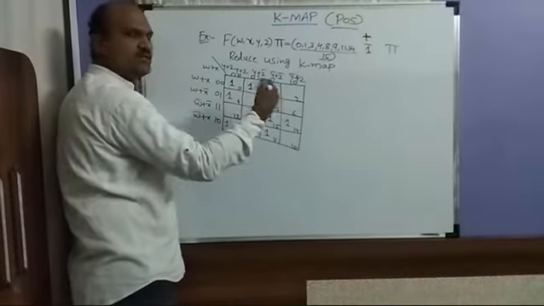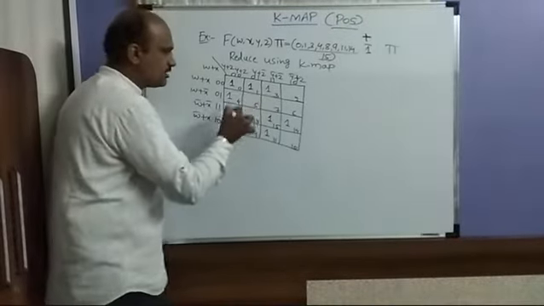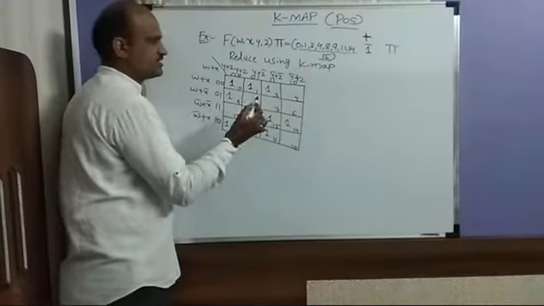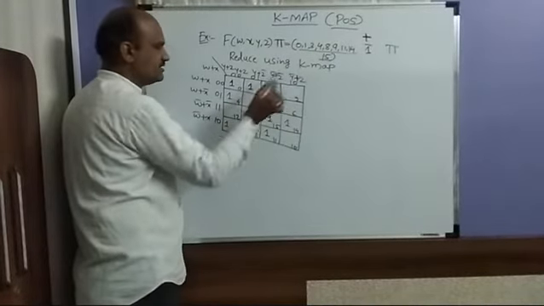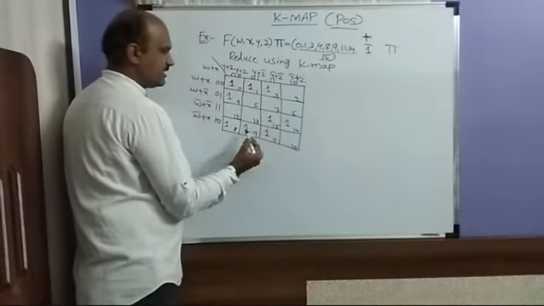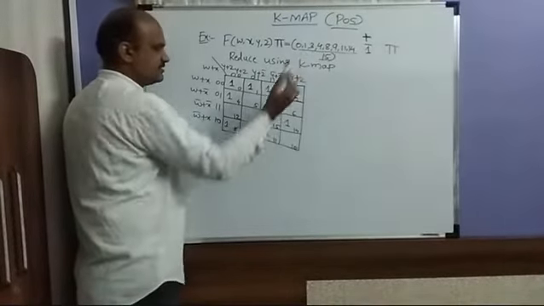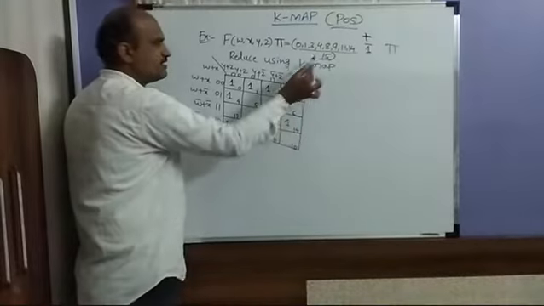The rest become 0. Now we have to do the mapping for these numbers. See here 0 is there, 1 is there, just have to check. 3 is there, then 4, 8, 9, 11, 14, 15.